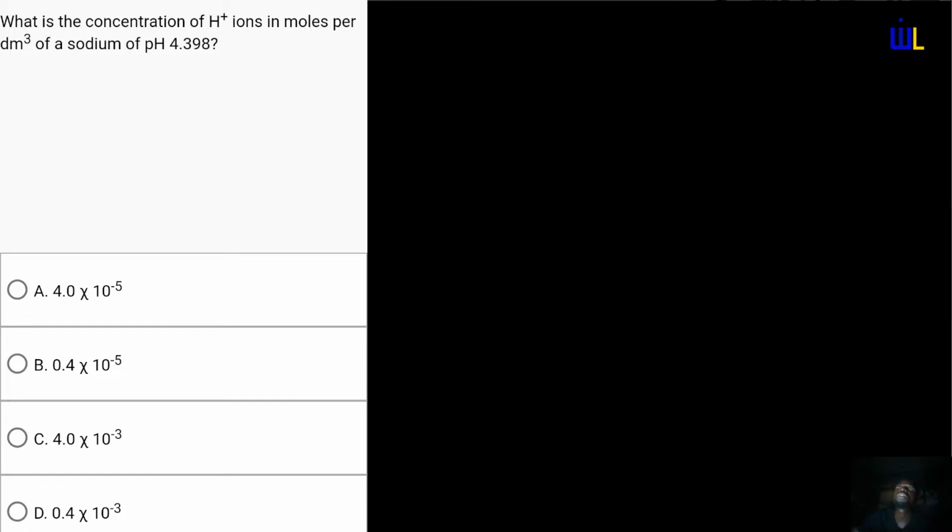First of all, when you are looking for the concentration of hydrogen ion, I told you it is simply 10 raised to the power minus pH. If the pH in that question is 4.398, the concentration of hydrogen ion equals 10 raised to the power minus 4.398.